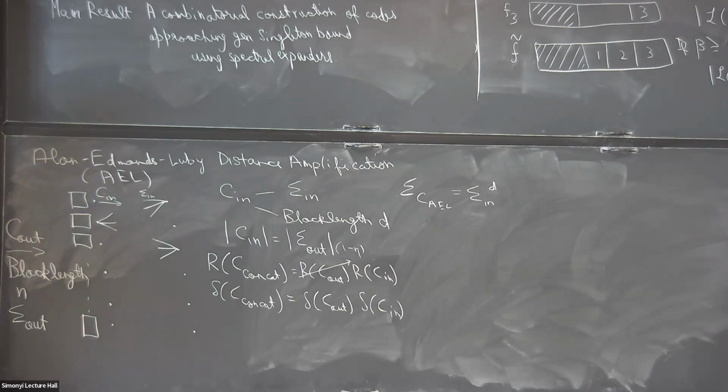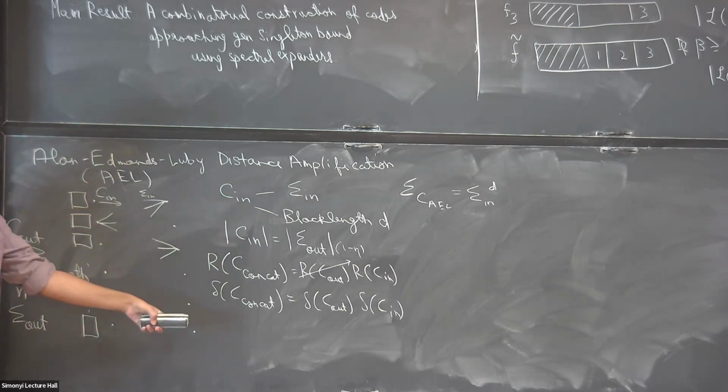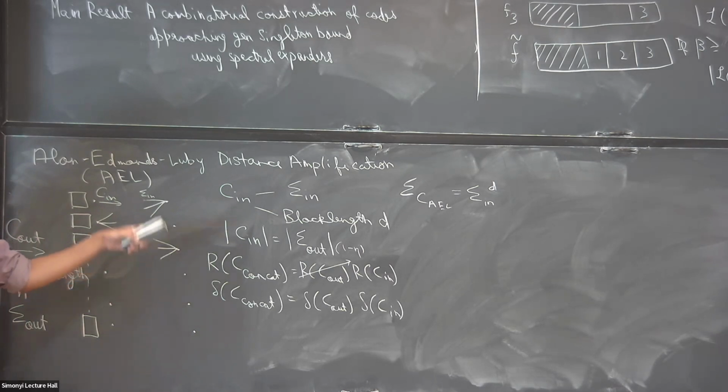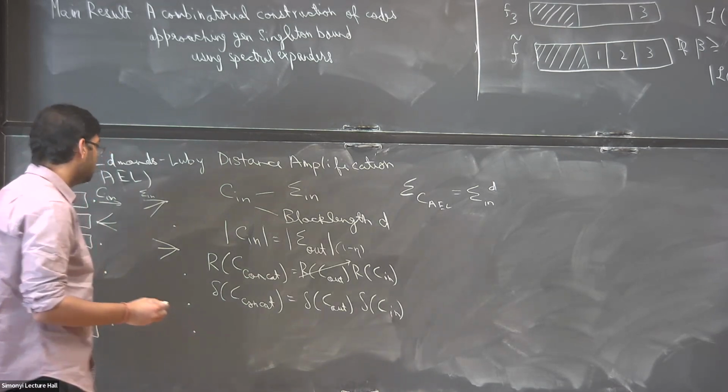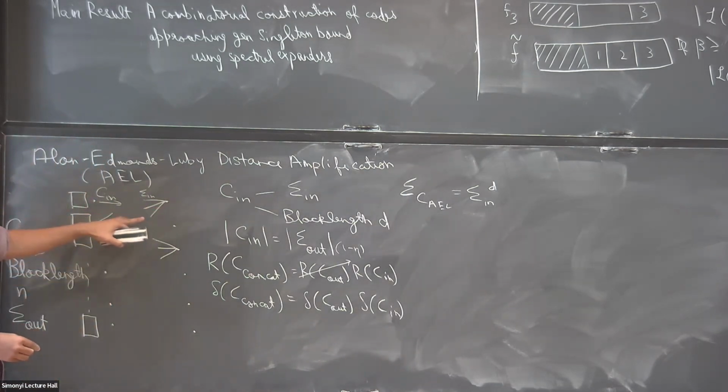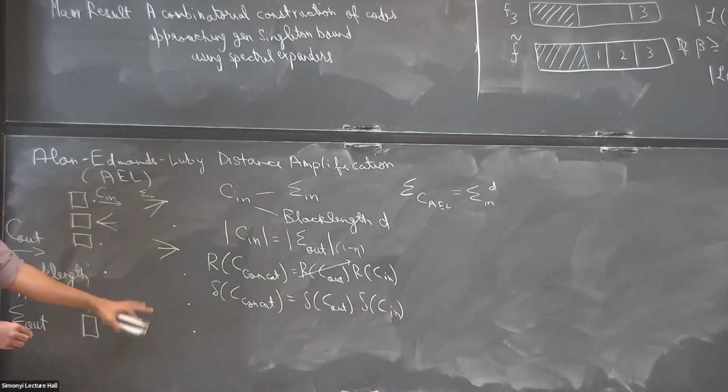Shashank, can you say what is the resulting block length of the final code? So the final code lives on the right vertices, and so the block length is just n. It's the size of the right partition. Right. So the final code looks like n different coordinates.